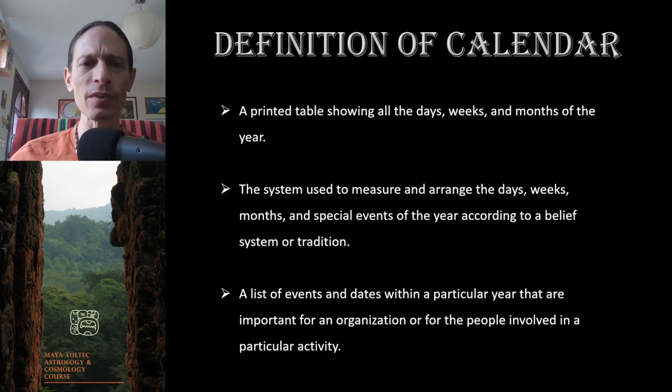So let's think about a calendar as just a table, something that we can draw and print and see, or even sculpt in stone, that shows different cycles. It can be days, weeks, months of the year, etc. And then it's used to arrange that in different cycles.